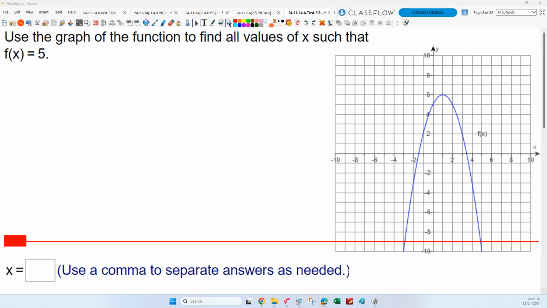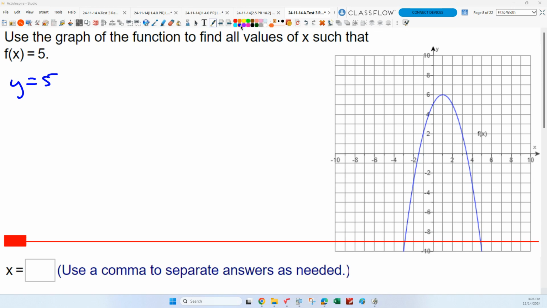That's the output, right? So that's the y coordinate. And isn't f of x just a fancy name for what variable? F of x is a fancy name for y, right? And we always said that. So this is the same thing as saying y equals 5. So I'm just trying to find the places on my graph where y is equal to 5.